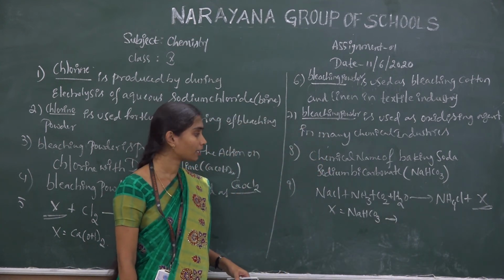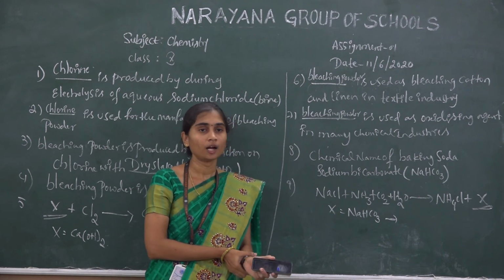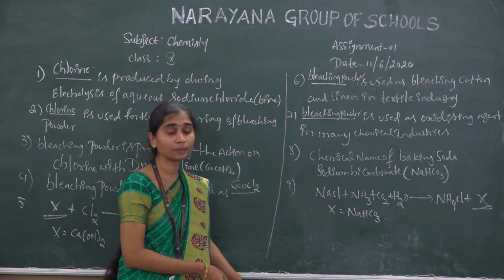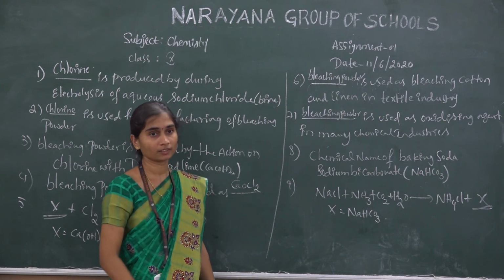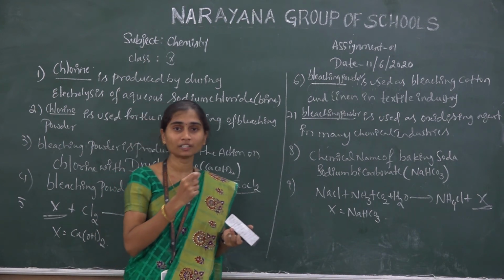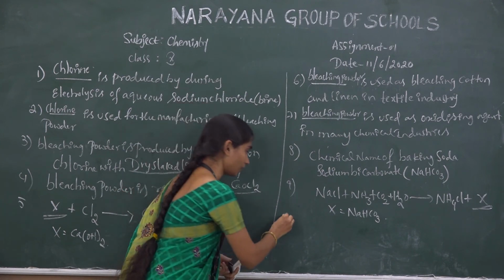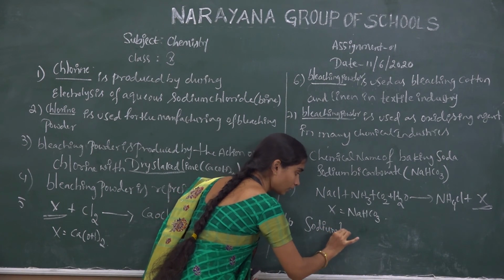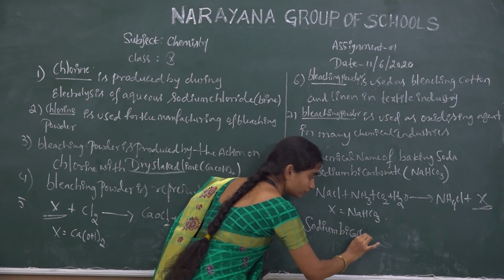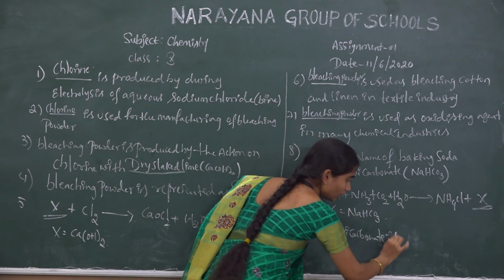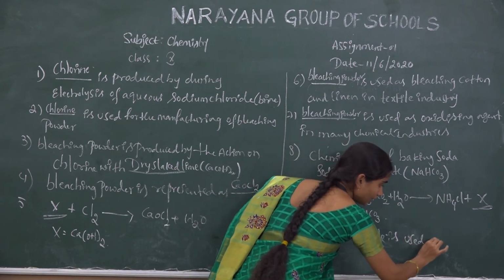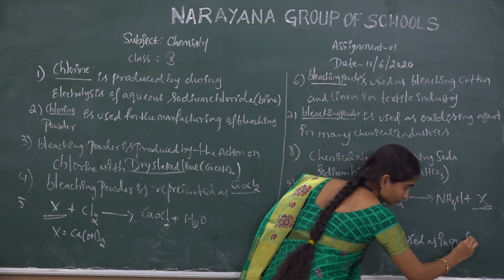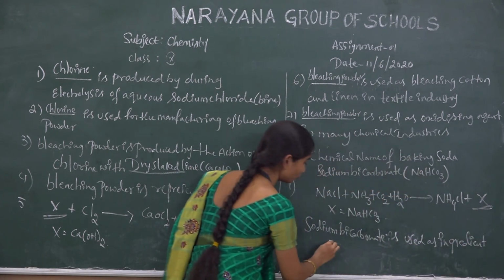Sodium bicarbonate is used for the manufacturing of baking powder. And this baking powder is used in cakes to make the cake spongy and fluffy, right? And this sodium bicarbonate is used as an ingredient for antacid.